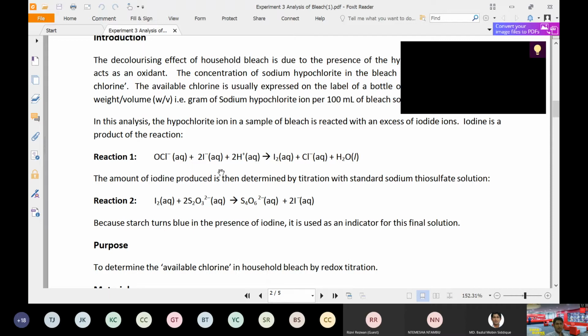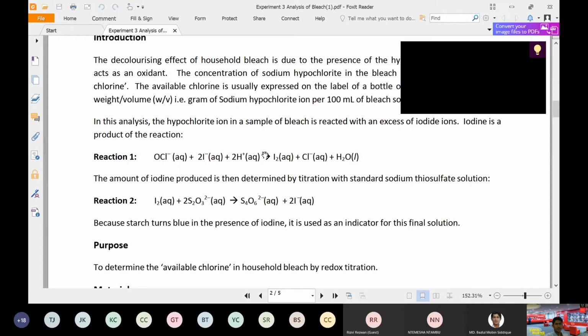So what we have to do is, this hypochlorite ion is reacted with iodine, with an excess of iodide, so that the chloride ion is released from the hypochlorite ions.